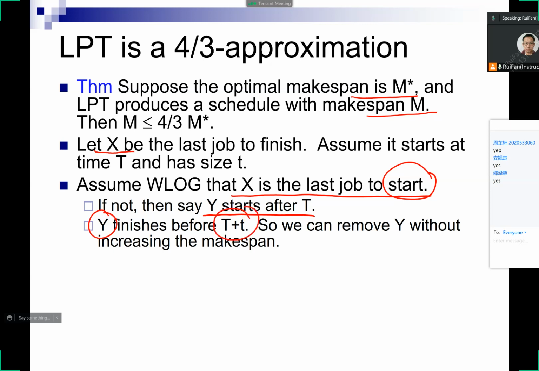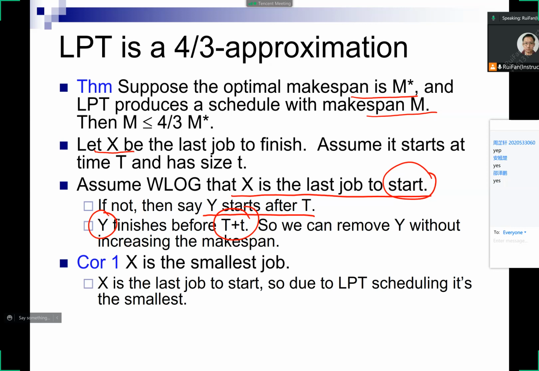Now if you just remove Y from the set of jobs, you're not going to increase your makespan, because Y finishes before big T plus little t. So we might as well just remove all of the jobs which start after X starts, and we will not increase our makespan. Therefore we can assume that X is the last job to start.